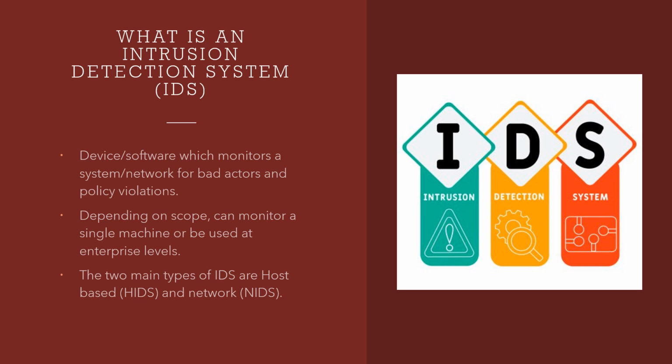The two main types of IDSs, which I'll be diving into after this, are host-based and network-based. You can kind of get the gist: a host-based one will primarily look at, say, file changes, versus the network-based one, which is looking more at attacks from an external source trying to make a connection to the system.